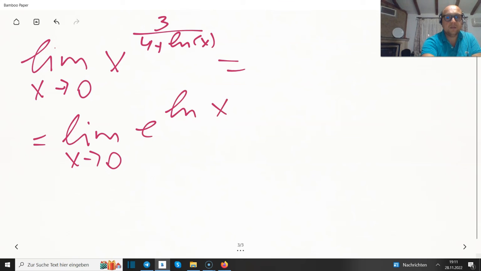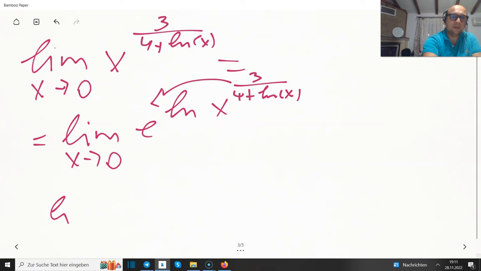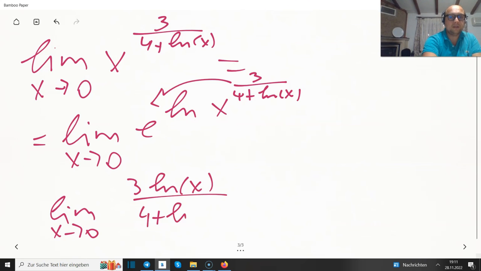So x to the power of 3 divided by 4 plus ln x. We bring this in front. So basically it's about the limit as x tends to 0. We have 3 ln x divided by 4 plus ln x.